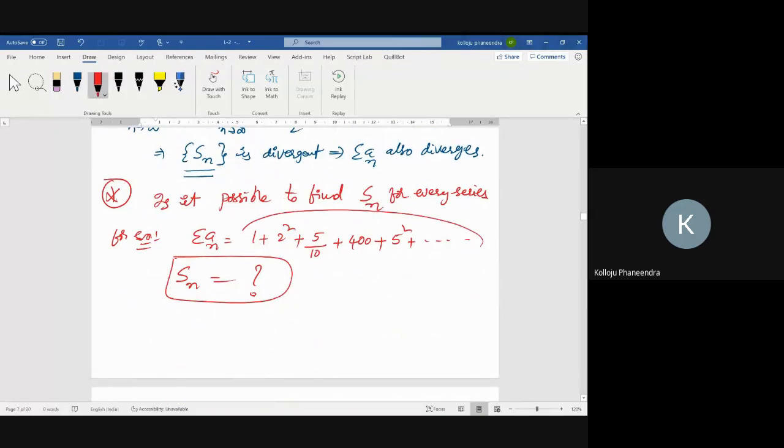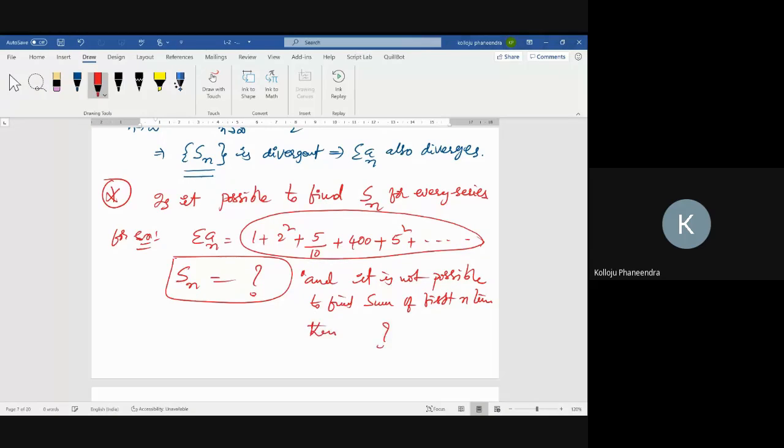When a series is having a complicated term and it is not possible to find the sum of first n terms, then how to decide whether the given series is convergent, divergent, or oscillates?